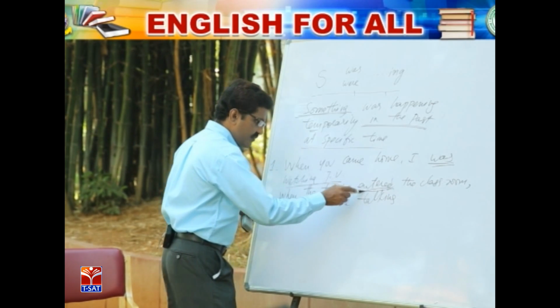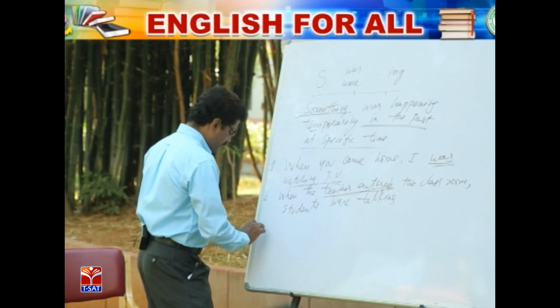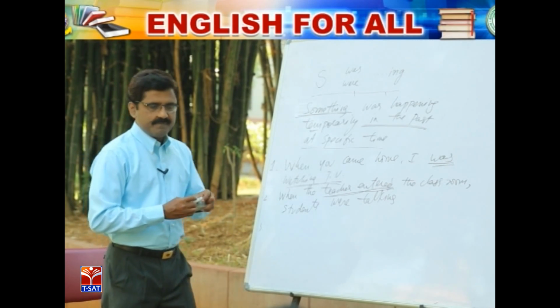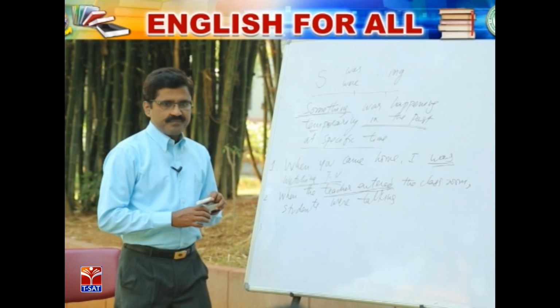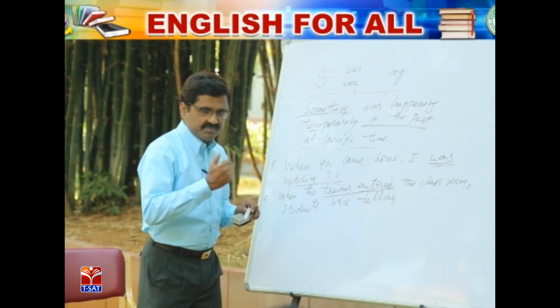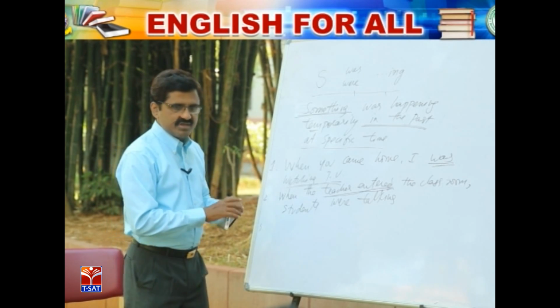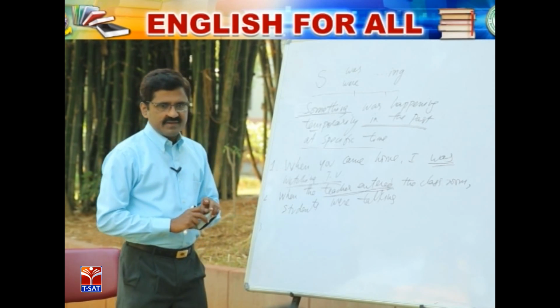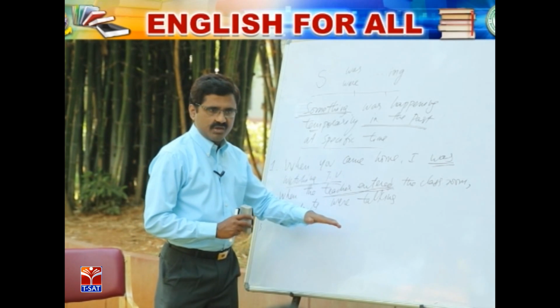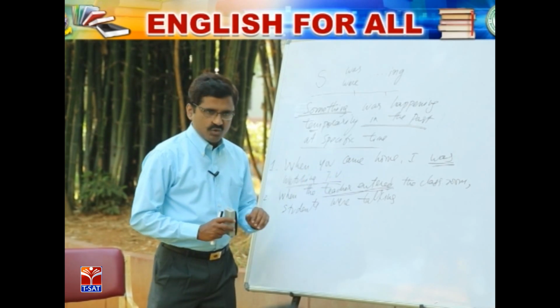Now, I'll give you one clue. Accident, you were waiting for the bus. Make an example. You were at the bus stop expecting an RTC bus to come there. Some accident took place. Now put these two things together and make one sentence. When I was waiting for a bus, one accident took place. Very good. When I was waiting at the bus stop, an accident took place.